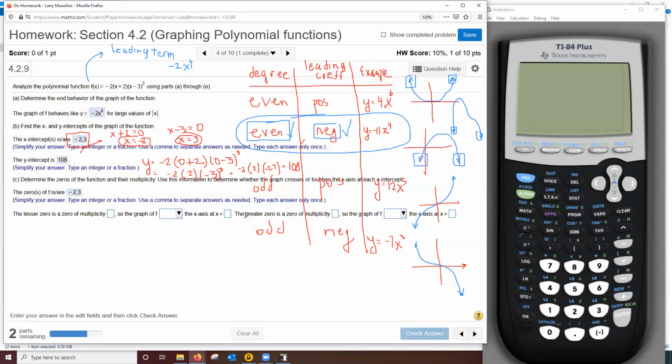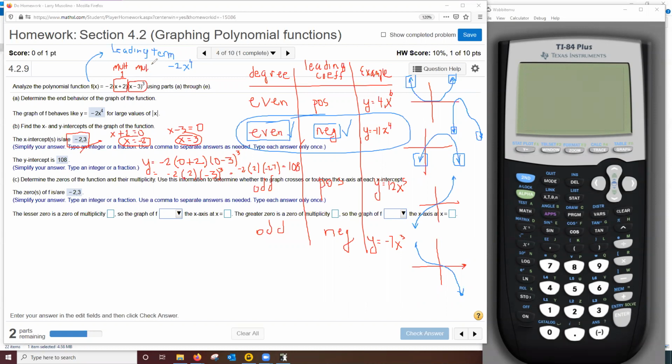All right, now they're asking me about multiplicity. Well, when I go back and look at this original function, I'm seeing the zero here of negative 2 has a multiplicity of 1. And then in the back here, this zero of 3 has a multiplicity of 3.